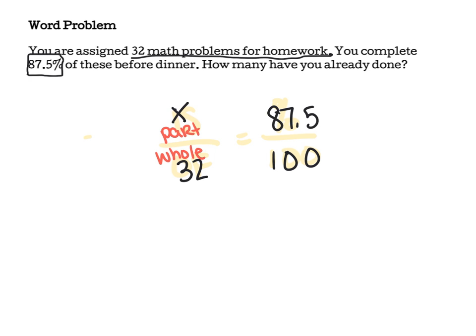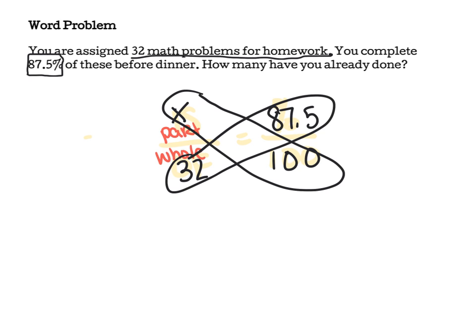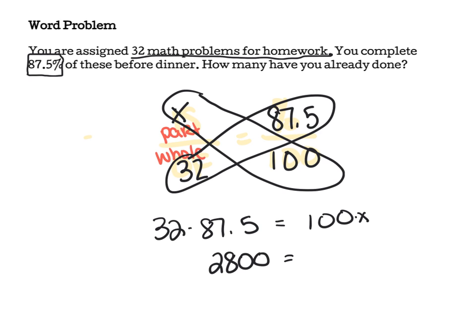All right, I'm going to use my cross multiplication. I'm going to say 32 times 87.5 equals 100 times x. 32 times 87.5 equals 2,800, or 2,800 equals 100x.